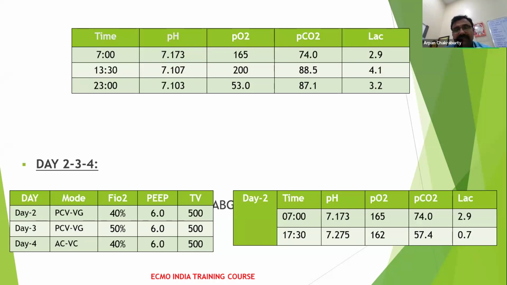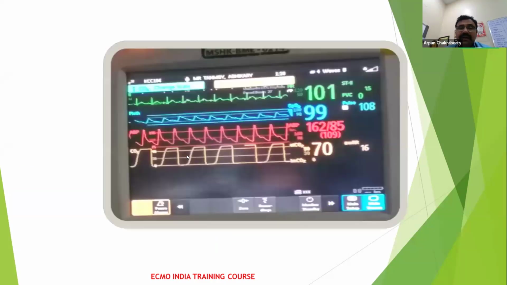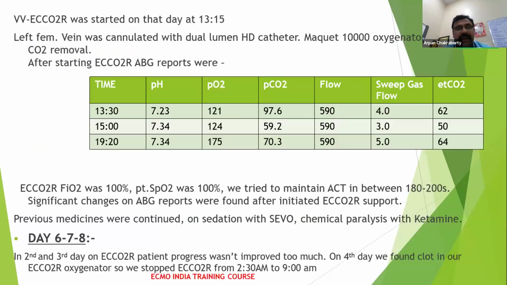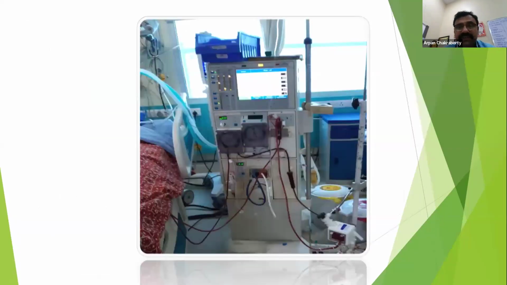We tried to maintain with ventilatory adjustments, but the EtCO2 never came down below 70. So we thought we should put him on ECOR. ECOR started on day 5, and it continued for another 7 days. This is the system. This is using another dialysis machine with the.